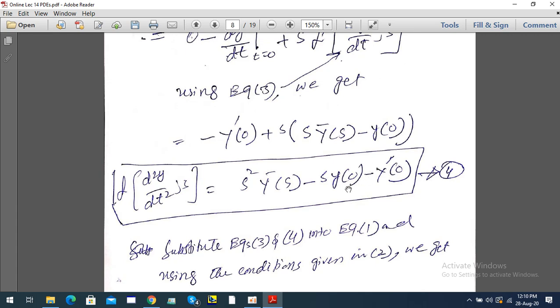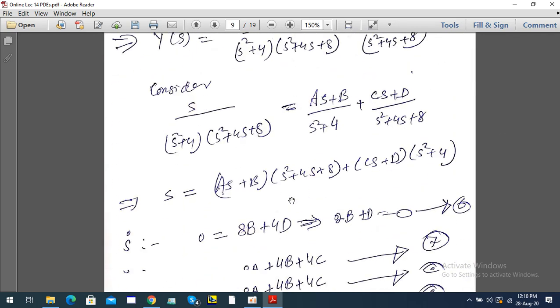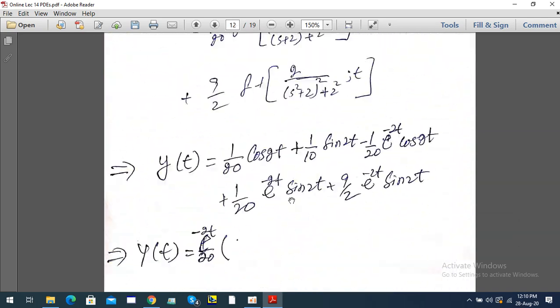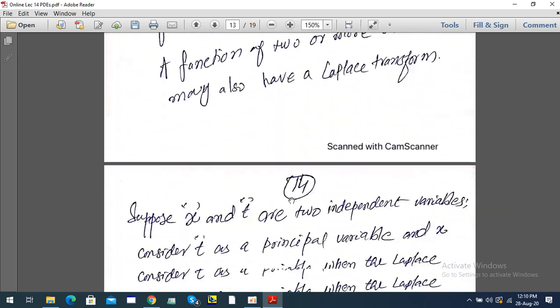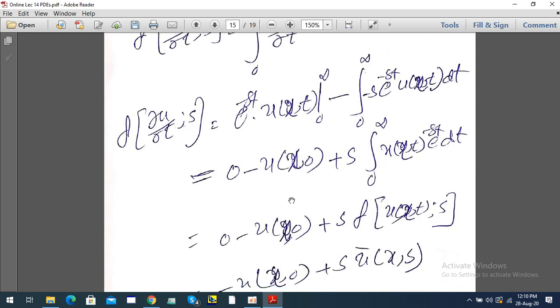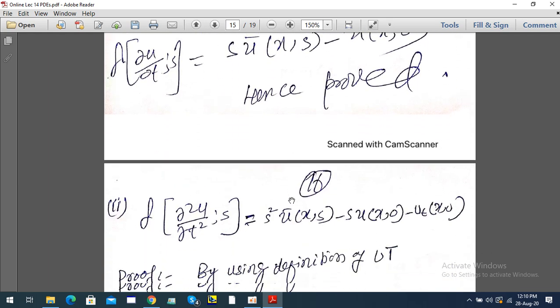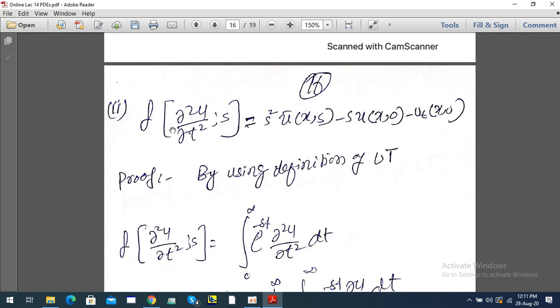These are the same: here we have partial square u by partial t square, and there we have d square y by dt square. Now I'm going to find the Laplace of partial square u by partial t square, equal to this thing. I have to prove this.